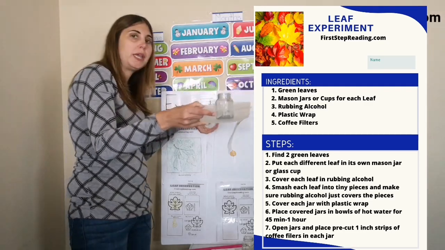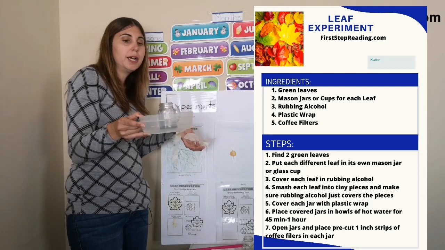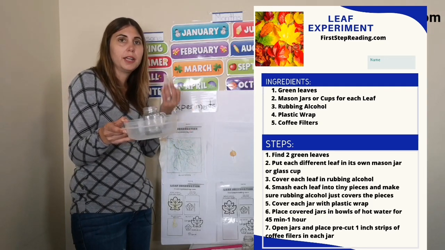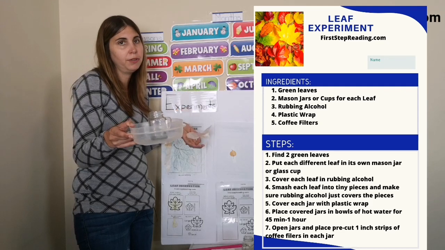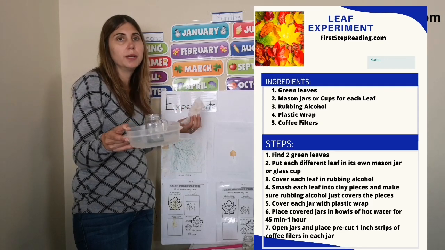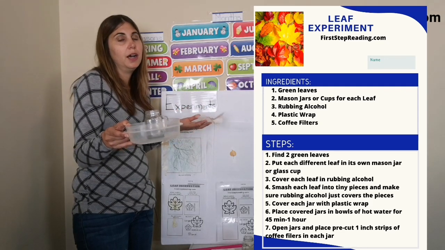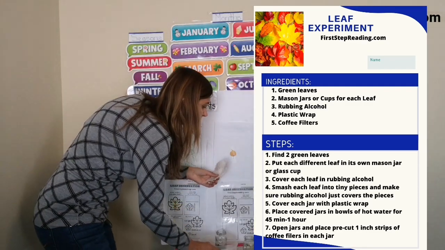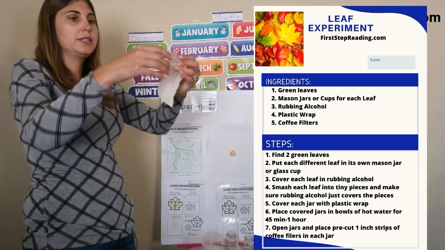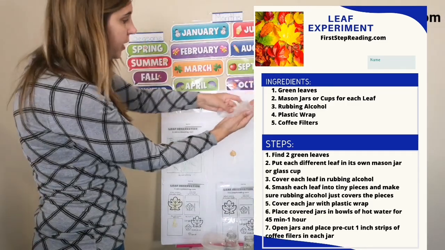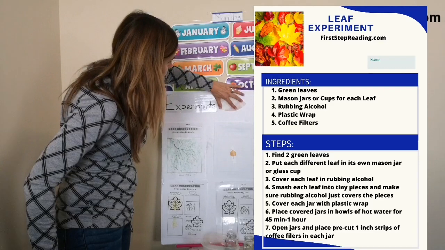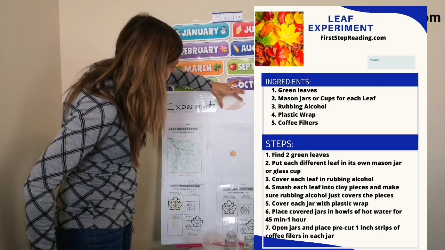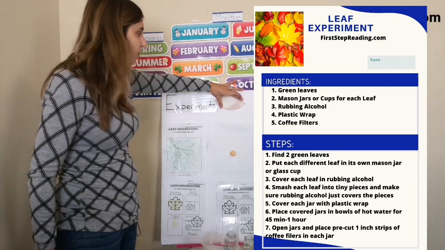And then we waited. Sometimes you get a good leaf, and it's very fresh, and you smush it up, and you only have to wait a couple hours. Or sometimes it might take like a day. So ours took longer. And what it showed is you could see the secret color that the leaf would change without the chlorophyll.